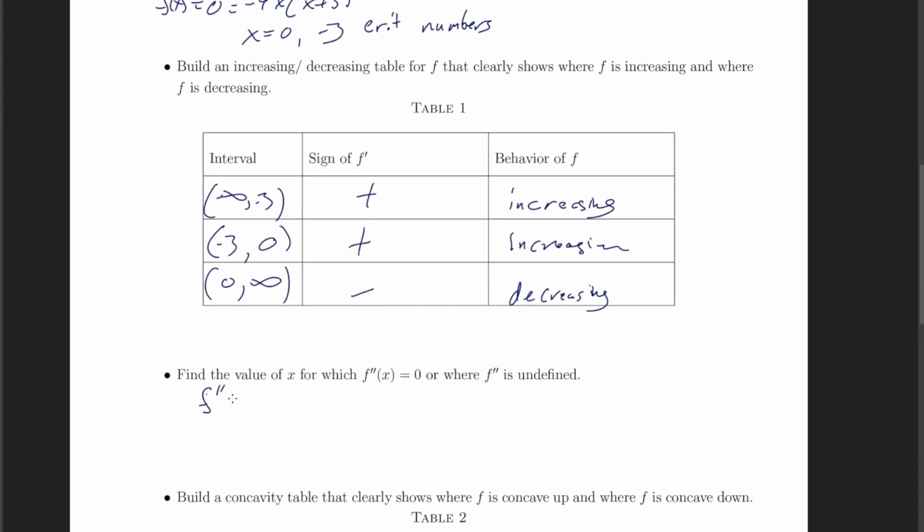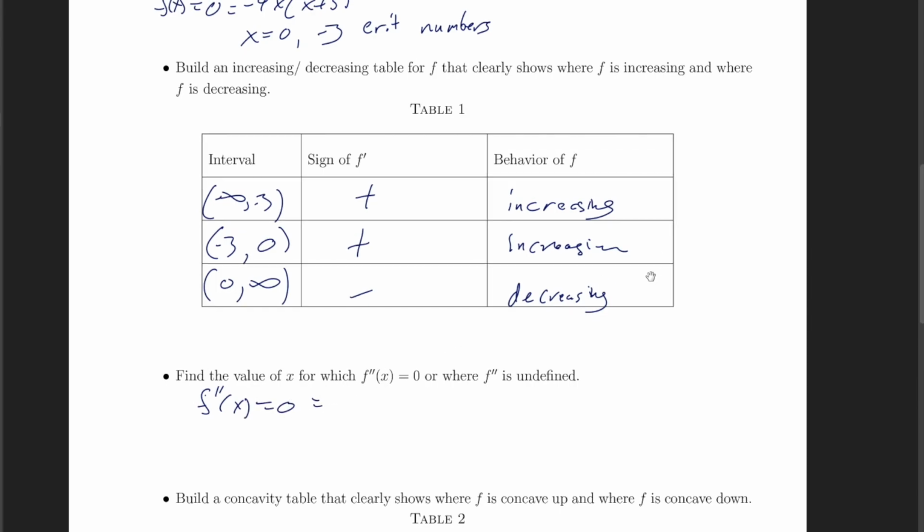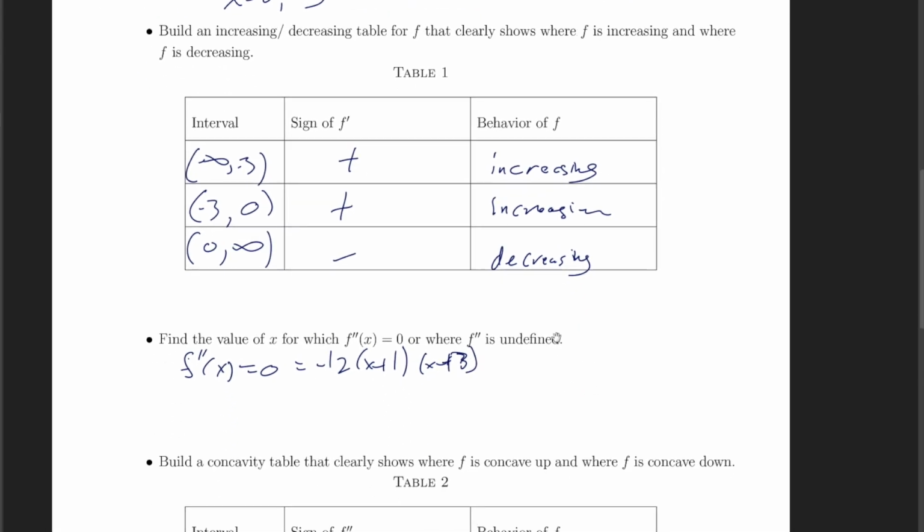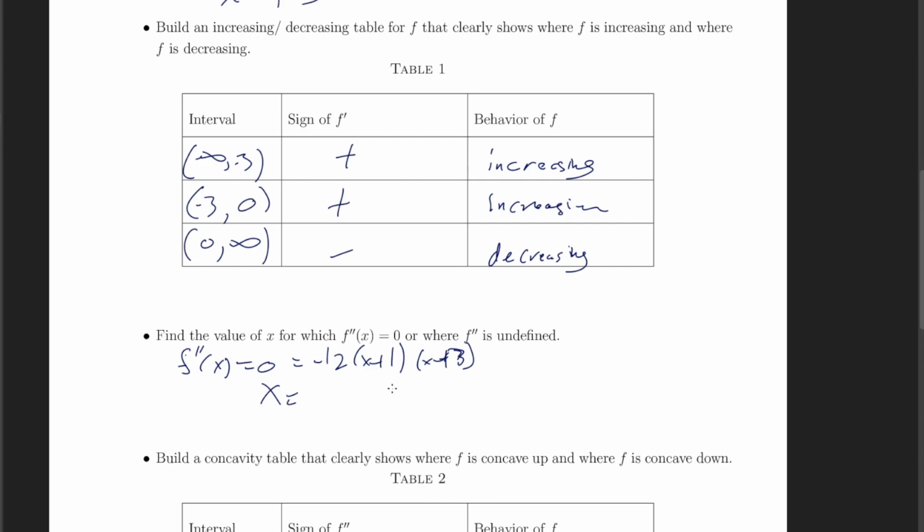So f double prime of x is equal to 0, which is equal to minus 12 times (x plus 1) times (x plus 3). Since this is already factored, we can easily see where this would be 0. This is 0 at minus 1 and minus 3.